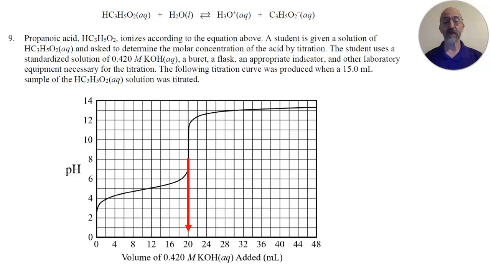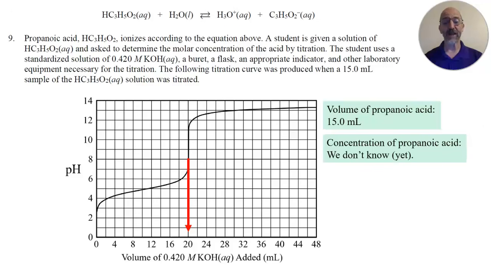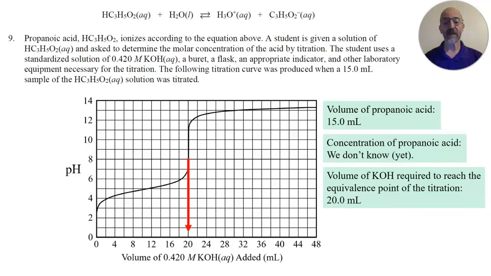What's the volume of the propanoic acid? 15 milliliters. What's the concentration of the propanoic acid? Well, we don't know yet. That's what we're trying to find. What's the volume of the potassium hydroxide that's required to reach the equivalence point? Well, it's right there on the x-axis. 20 milliliters of potassium hydroxide is required to reach the equivalence point of this titration. And then what is the concentration of the potassium hydroxide?